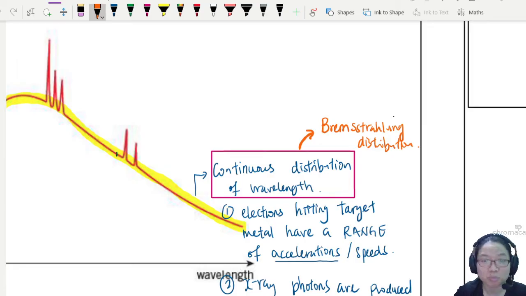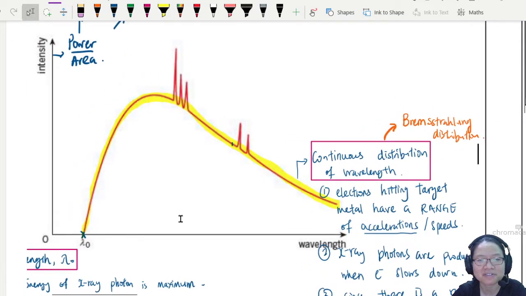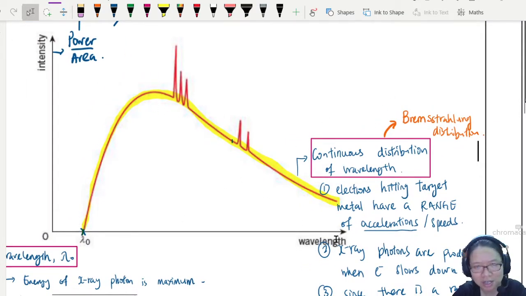So whenever we say breaking or Bremsstrahlung, it means the same thing as the continuous distribution of wavelength. But in CIE, they just call this a continuous distribution. But in case you go to university and your physics professor mentions this name, at least you know, oh hey, he probably has some contribution in the continuous distribution.